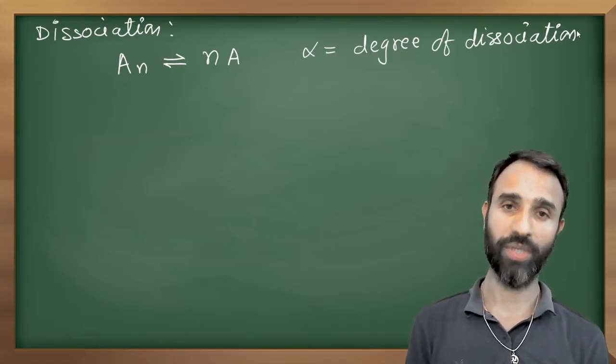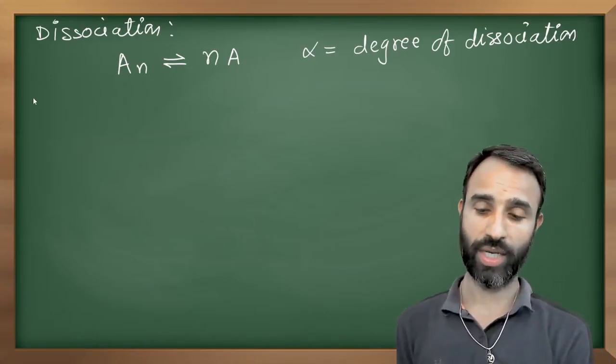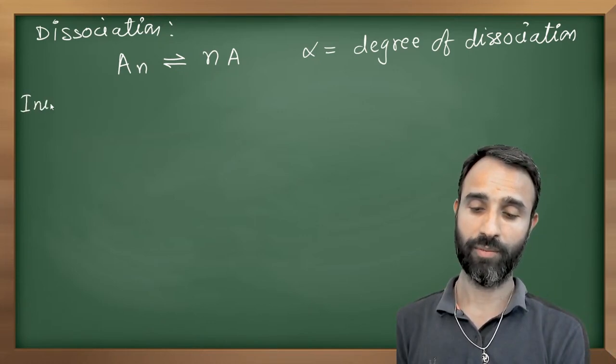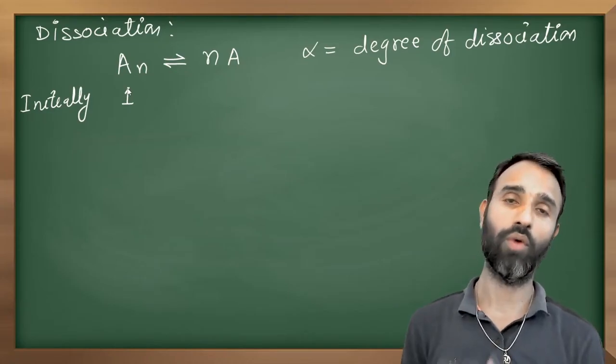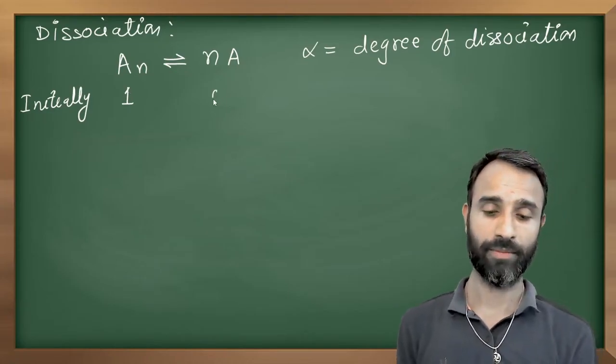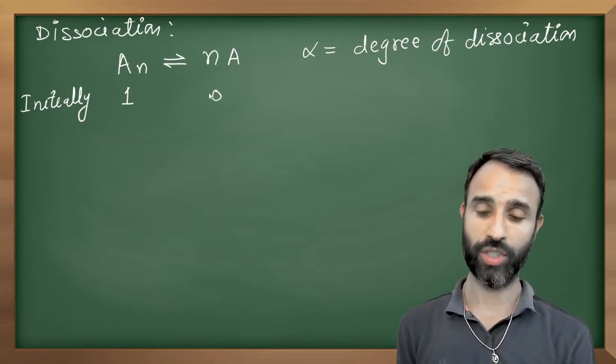That's what alpha means. So let's say initially we have 1 mole of AN, and the products are 0 initially.